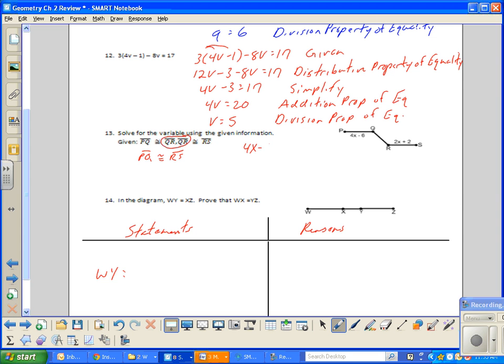So 4x minus 6 equals 2x plus 2. And then solve from there, subtract 2x. So 2x minus 6 equals 2, add the 6. It's going to give us 2x equals 8, and divide by 2, so our x equals 4.